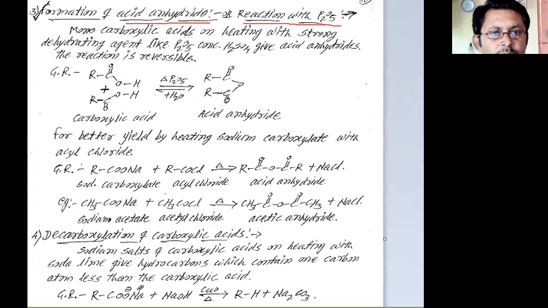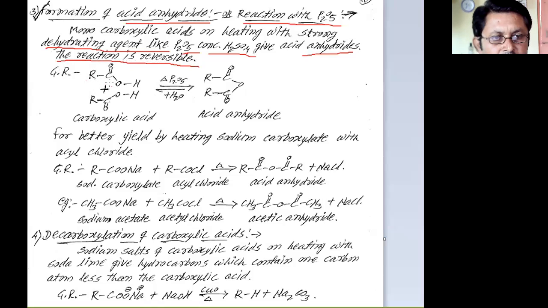Here, monocarboxylic acids on heating with a strong dehydrating agent like P2O5, or in the presence of H2SO4, give acid anhydride, but it is a reversible reaction. Here, the reaction is reversible. It is very important. General reaction.